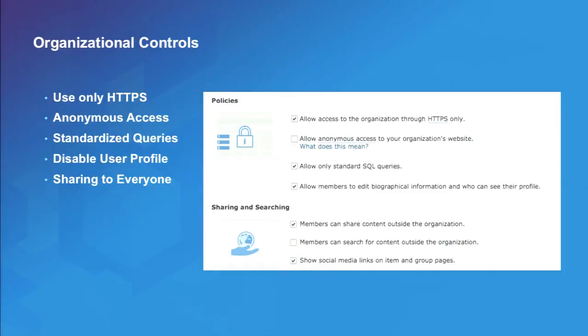You can enable anonymous access or disable anonymous access to your organization. That means when people go to your organizational front page, every organization gets their own URL on ArcGIS Online. So once you go to that URL, you see a front page with information about your organization, and you can customize that actually.